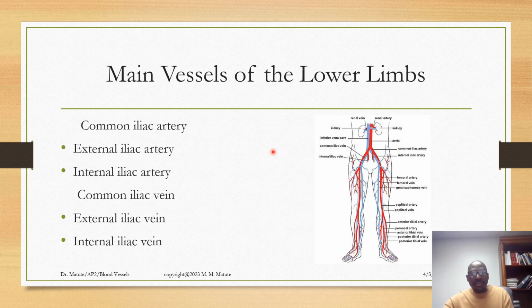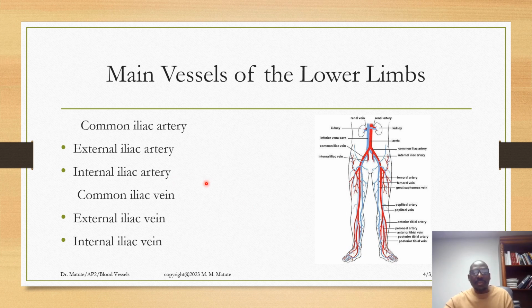Now, this is more like some good reading for yourself. We need you to know some of the main vessels of the lower limbs, because arteries and veins, for the most part, are parallel to each other. They transport blood in opposite directions.